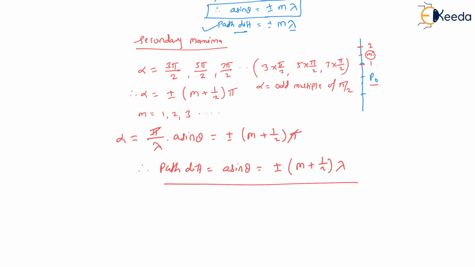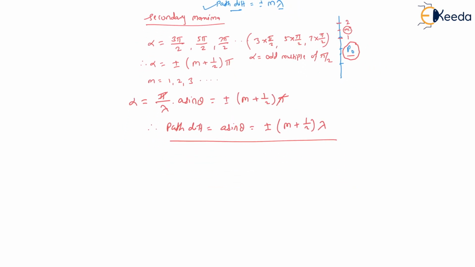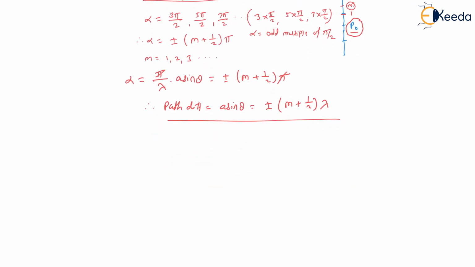Now see why we say that P naught is the principal maxima and others are secondary maxima. We have the intensity equation: I theta equal to Im into (sine alpha upon alpha) whole square. So I theta upon Im equals (sine alpha upon alpha) square.